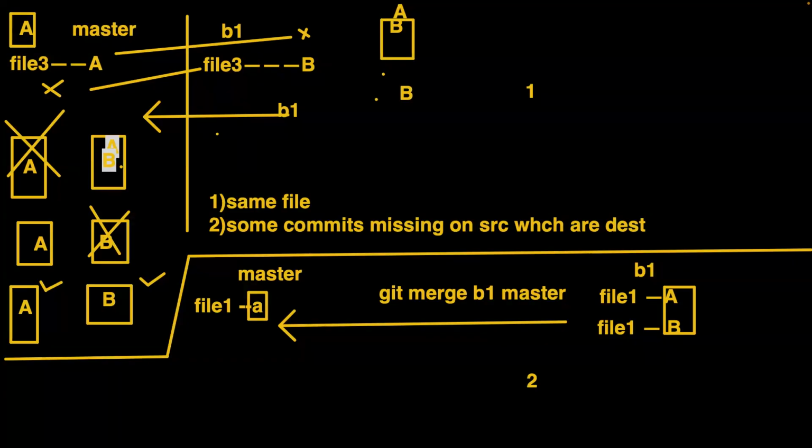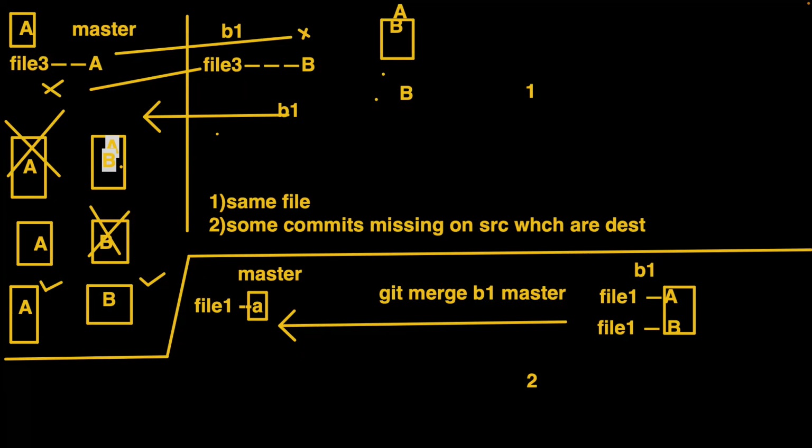Preeti, one question here. If we are merging from master to B1, instead of from B1 to master, will we also get the conflict? Yes, from any branch. Source could be anything, destination could be anything.